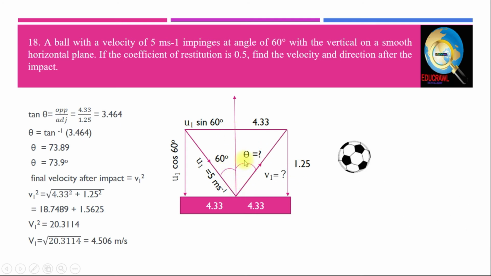So the resultant of these two you can easily find using the formula. V1 squared is equal to 4.33 the whole square plus 1.25 the whole square, which is 18.7489 plus 1.5625. So V1 square is equal to 20.3114. So V1 will be the square root of 20.3114, which is nothing but 4.5 meter per second.